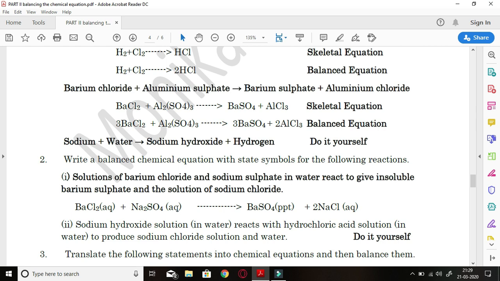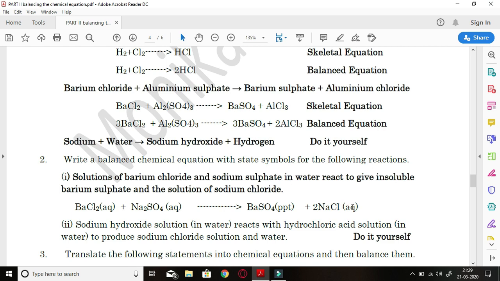React to give means arrow, it demands arrow. Insoluble barium sulfate, I'll put here BaSO4, and for insoluble, that is PPT, that is precipitate. And for the word 'and', I'll put here plus. And solution of sodium chloride, that is NaCl aqueous. Since it's a solution, I'll put here aqueous.